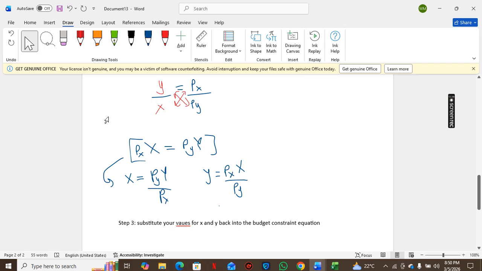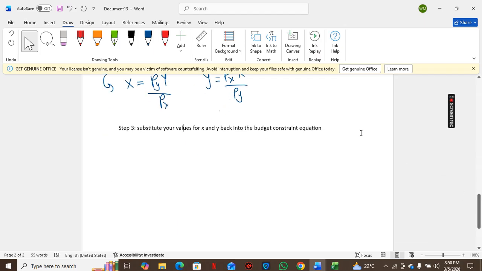So our budget constraint equation, let me write it again here. It's your income equals the price of good x multiplied by the quantity of good x plus the price of good y multiplied by the quantity of good y.